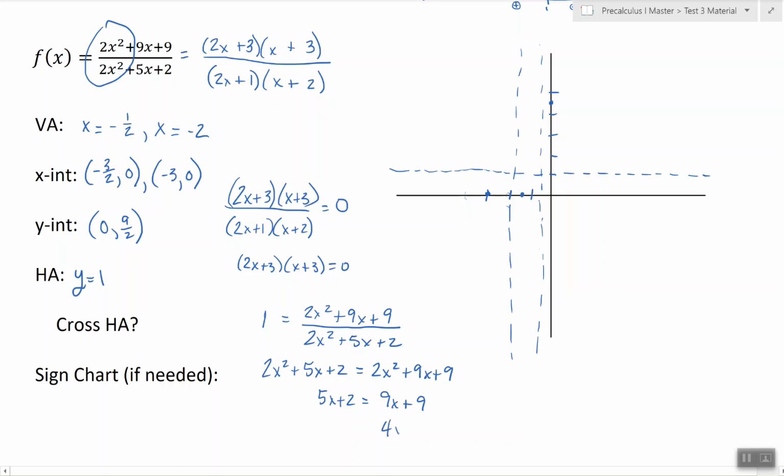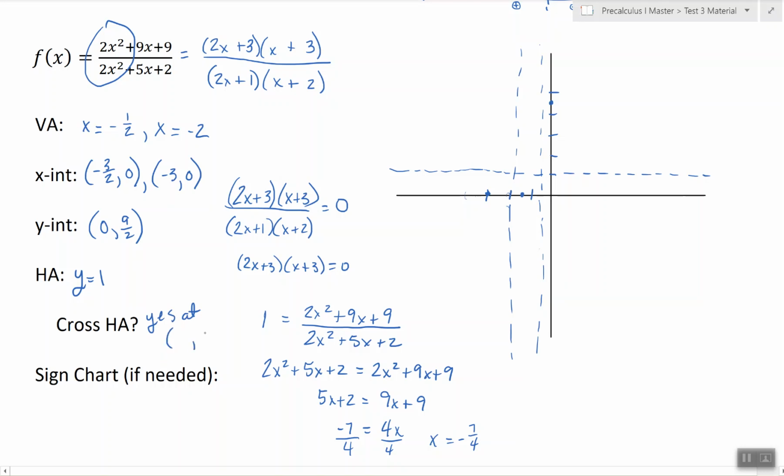And I'm going to subtract the 5x from both sides. That gives me a 4x. And subtract 9 from both sides. That gives me a -7. So divide both sides by 4. And I get an x value of -7/4. So yes, it crosses. We got an x value. Not only do you have to say yes, but you have to tell me the point where it crossed.